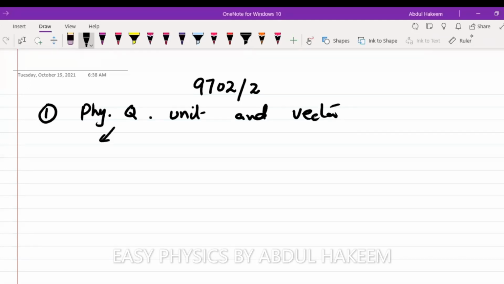So physical quantity, a quantity which can be measured physically, and they are divided into groups. One is the basic.